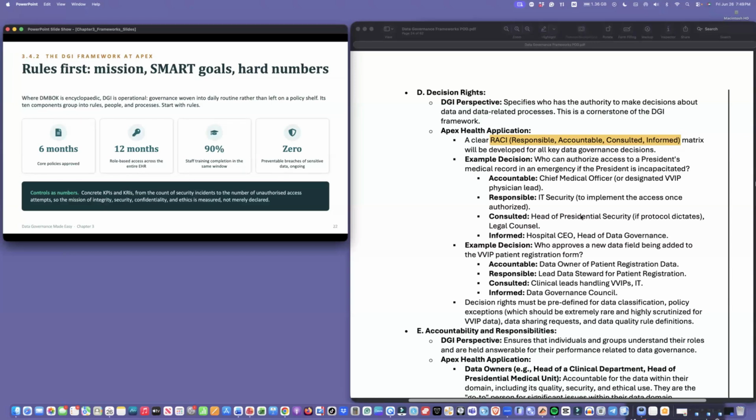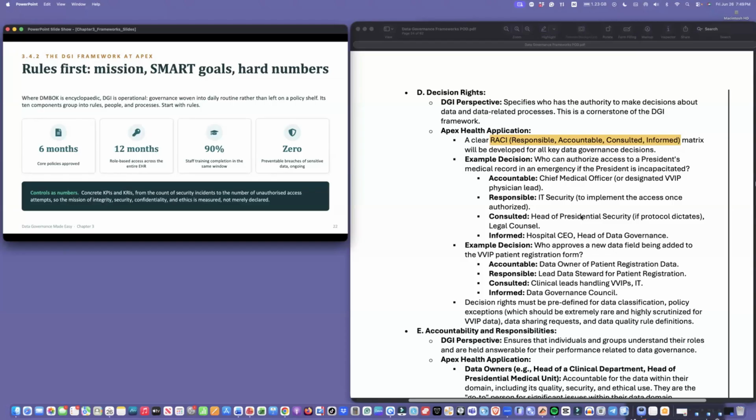Just as parliamentarians have their head, the president also has their head. Then who will be informed that this is what we are going ahead with? The hospital CEO and the head of data governance. So somebody is accountable, somebody is responsible to make sure it happens, others are consulted, and then others are informed. That's the hospital CEO and the head of data governance.